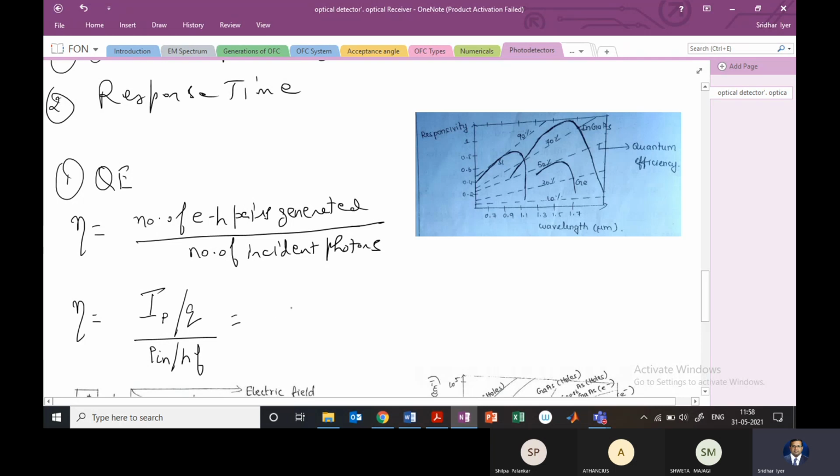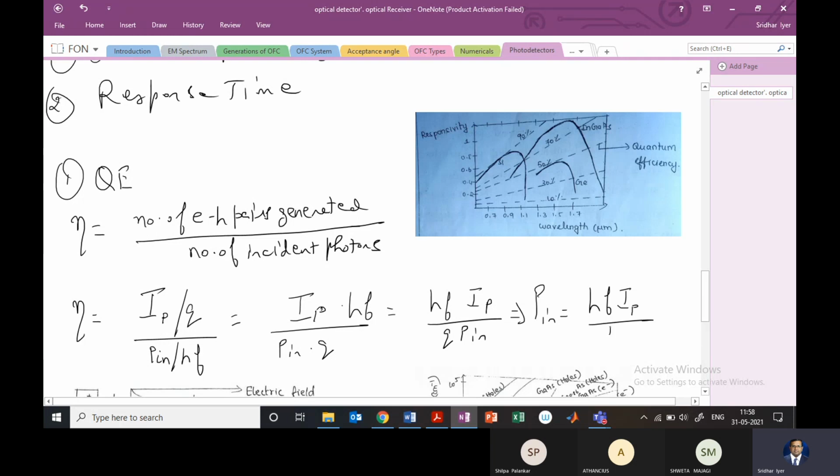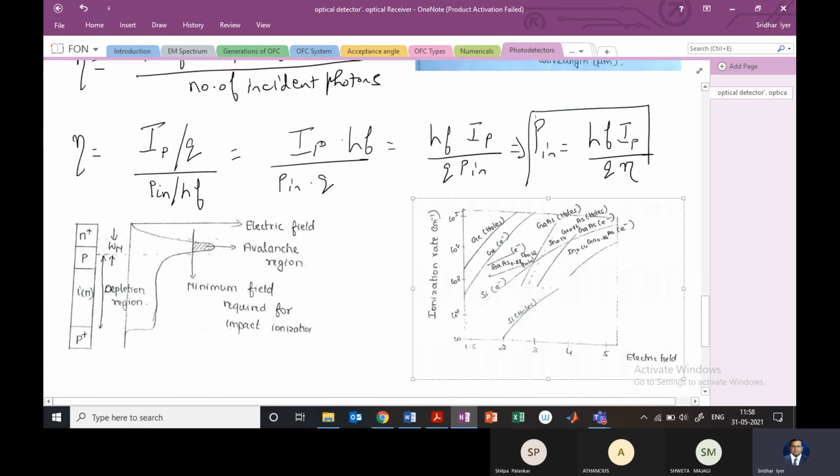So if you write this equation properly, this will be IP, photocurrent, divided by Q, into HF divided by P in. So I can rewrite this as eta equals HF IP divided by Q P in, or if you want to write it in terms of power, P in will be HF IP divided by Q eta. Right? So this is an important equation.